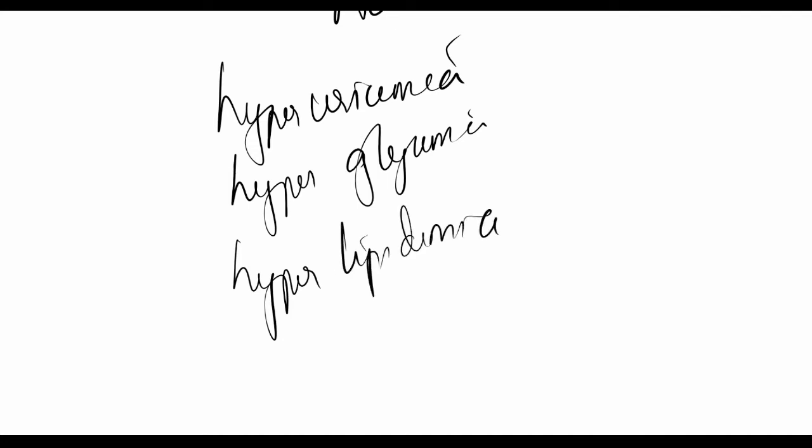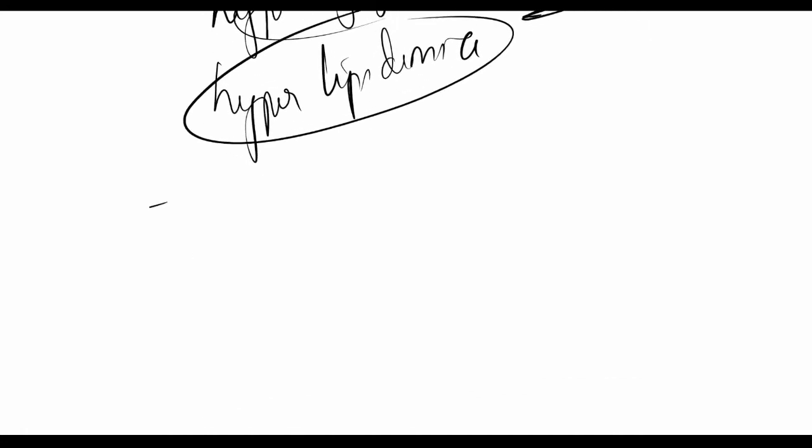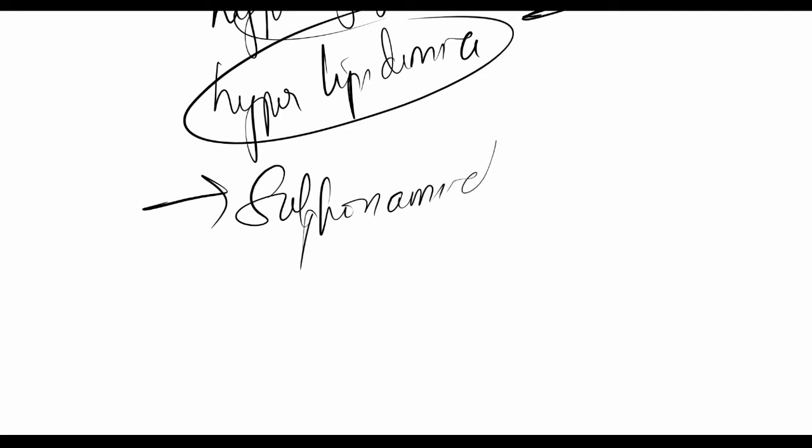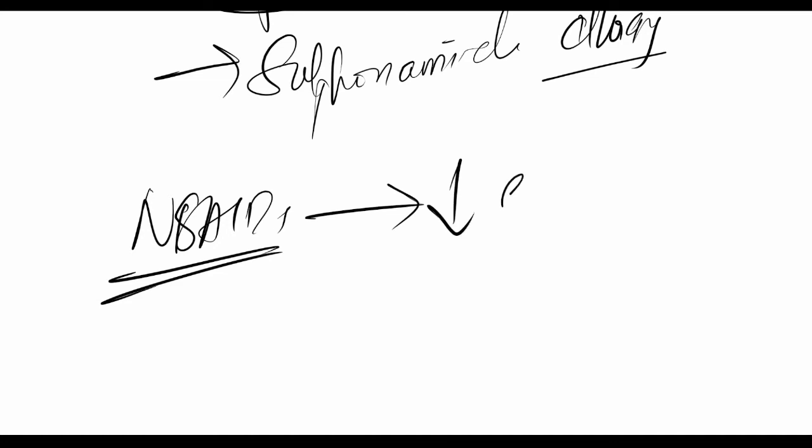I think we saw hyperlipidemia and hyperglycemia in loop diuretics as well. One more thing to add, in case you're using thiazide like diuretics, you might be faced with sulfonamide allergy as with all the other classes. And same thing as we said about NSAIDs in the previous videos, NSAIDs lead to decrease in efficacy of thiazide diuretics. So if you want the mechanism, you can go back and refer to the loop diuretics video.